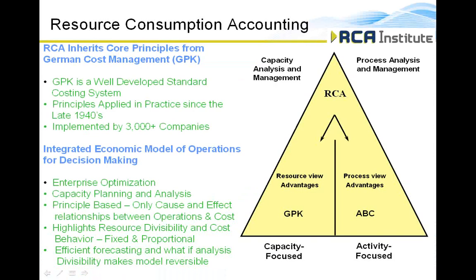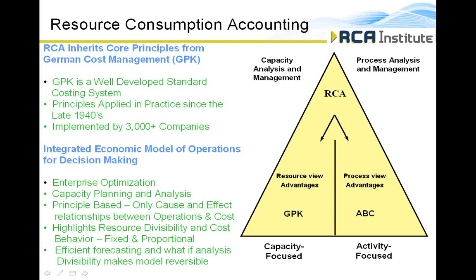You should recall this slide from previous presentations. Very quickly, resource consumption accounting takes its key principles from German management accounting methods known as Grenzplankostenrechnung, or flexible cost planning and control. RCA acquires additional capability by integrating a strict form of activity-based costing where detailed process insights are needed.